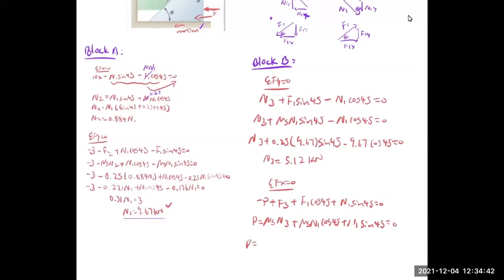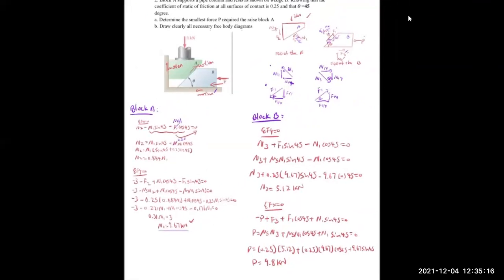So P will be equal to mu s, which is 0.25, N3, which would be 5.12, plus 0.25, N1, 9.67, cosine of 45. Hold on. Plus N1, which is 9.67, sine of 45. Okay, solve for P. We get P will be equal to 9.8 kilonewtons.